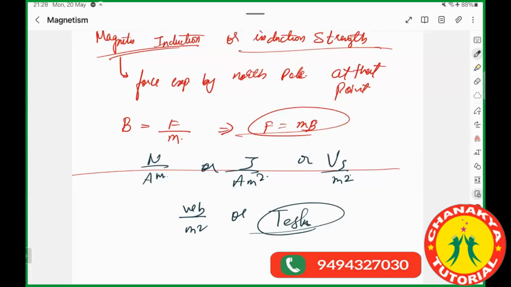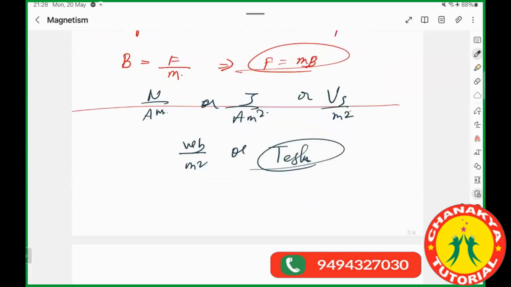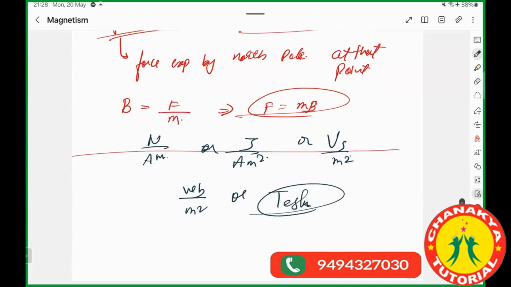Yes, sir. Okay, this conversion you have to remember, all the conversions. Then if I want the dimensions, how to get dimensions now? Tell me fast. F by M means M1 L1 T minus 2 divided by A L1. So L cancels, so M1 A minus 1 T minus 2.